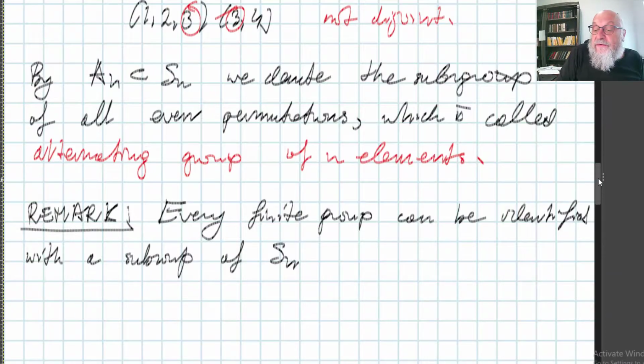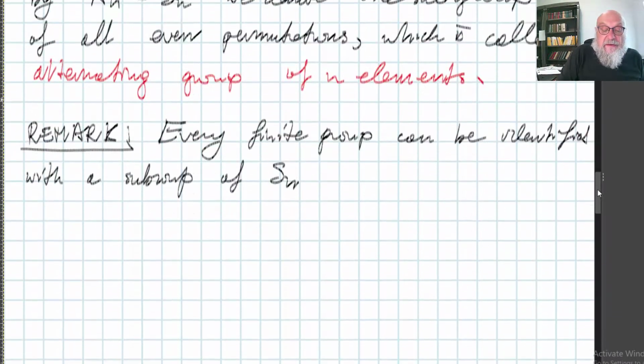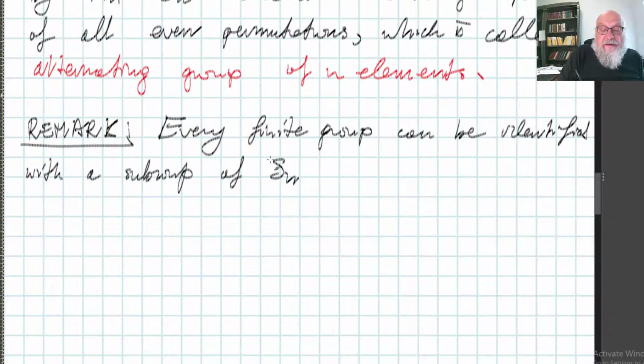We call it the symmetric group, I think I said it. This statement can also be easily proved, but we are not doing it. This is not the purpose of this lecture. Maybe we give an example.